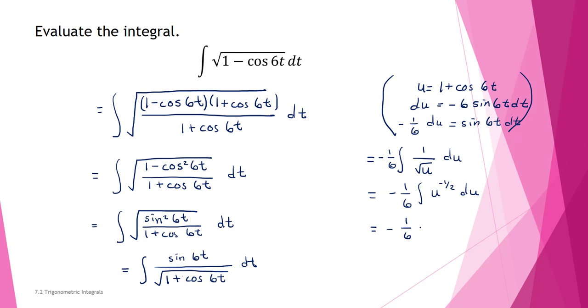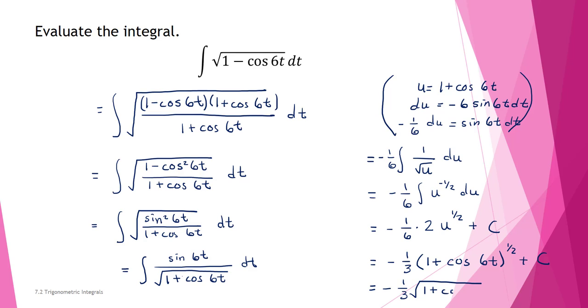We have negative 1/6 times u to the 1/2 multiplied by 2 plus c, which is negative 1/3, and I'm substituting u. U is 1 plus cosine of 6t. So we have negative 1/3 times the square root of 1 plus cosine 6t plus c.